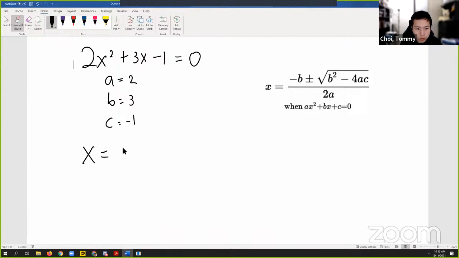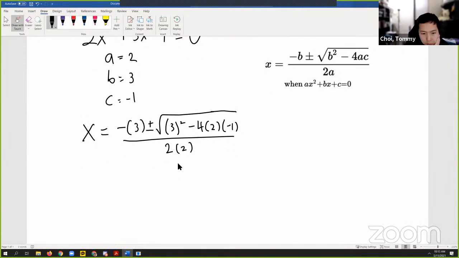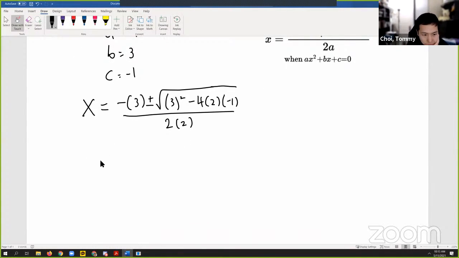So x is equal to negative b plus or minus the square root of b squared minus 4 times a times c, all divided by 2 times a. So negative b plus or minus the square root of b squared minus 4ac, all divided by 2a. And then we simplify the math here.